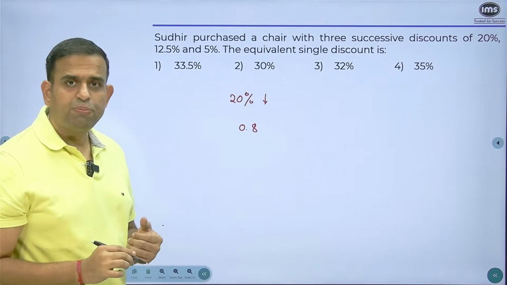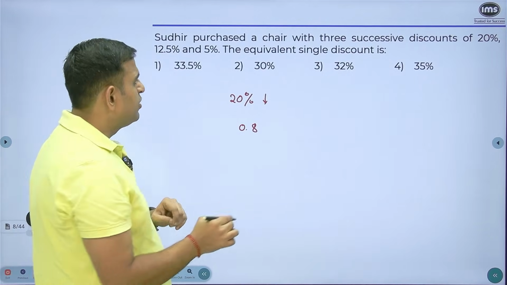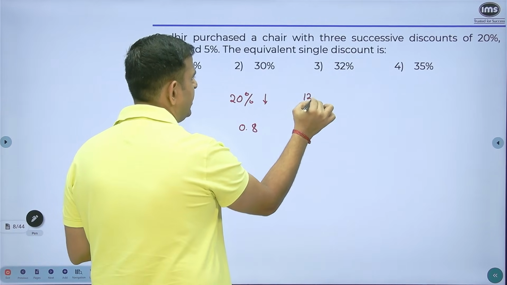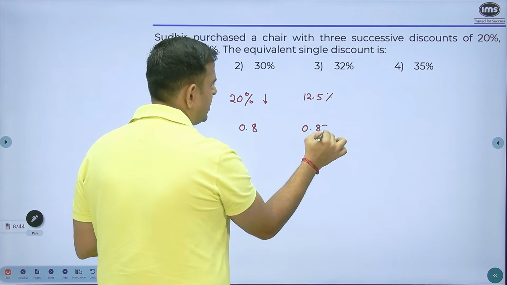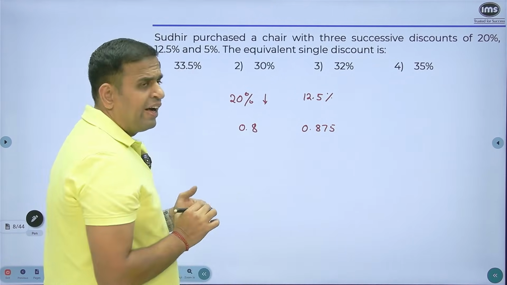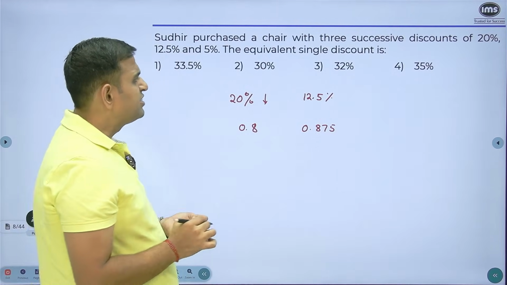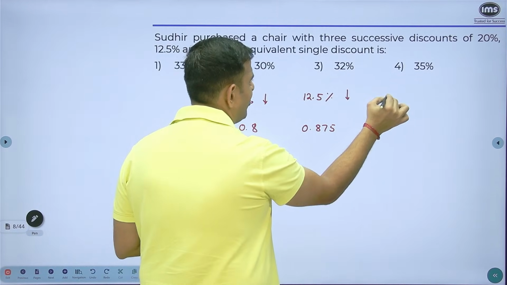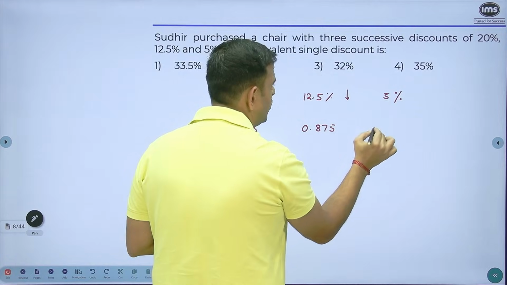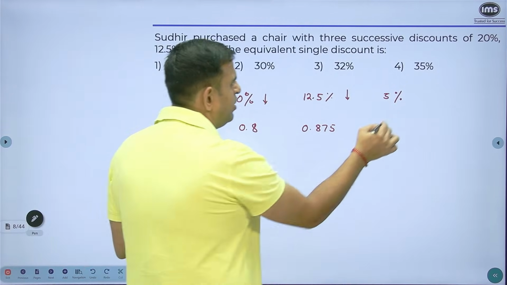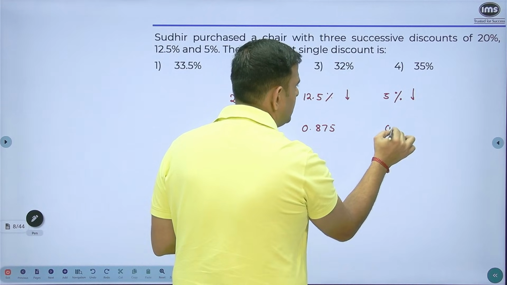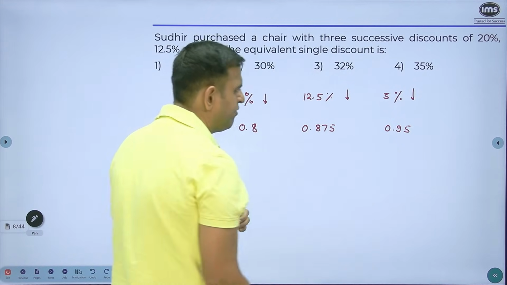Then what about the corresponding multiplier because of a 12.5% decrease? It's going to be 0.875. And then finally, if I look at another discount of 5%, this would mean something will become 95% of that value. So this will lead to a multiplier of 0.95.